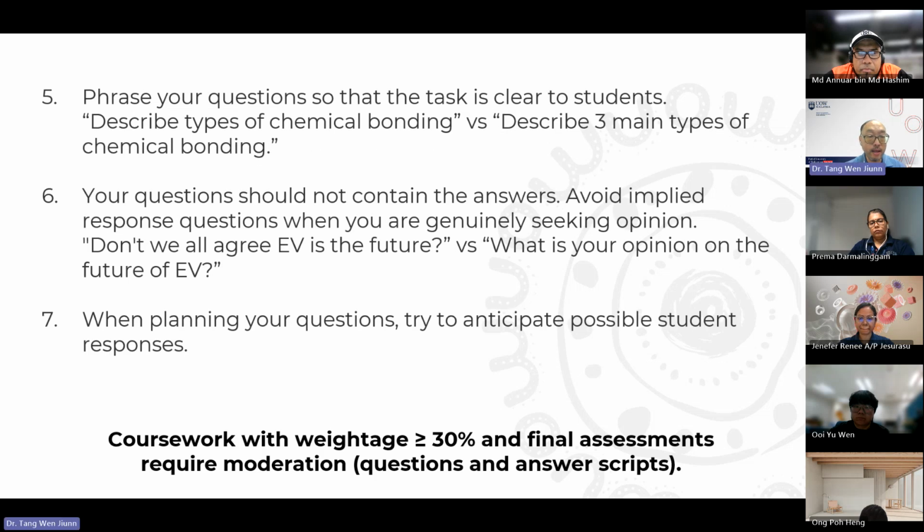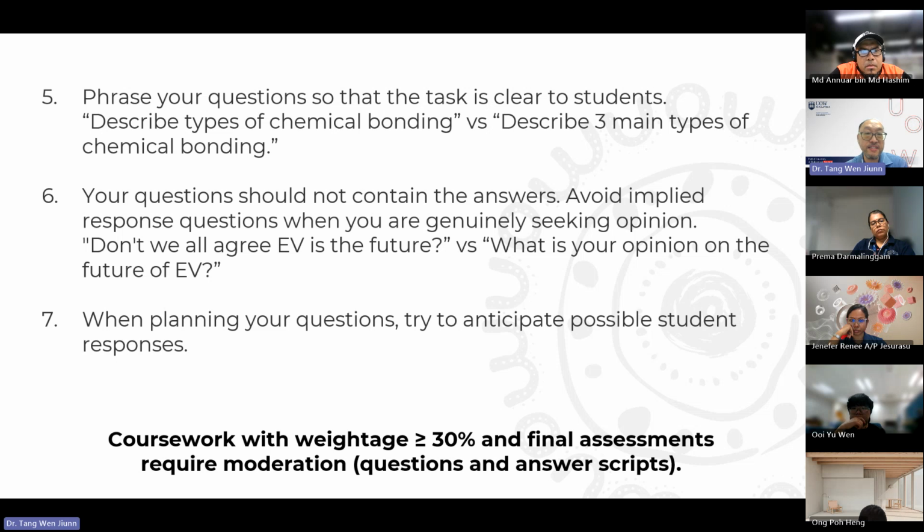Okay, so 5, this one here. Another thing, when we create the questions on our own, make sure we phrase the questions so that the task is clear. For example, you look at these two statements here. The first one, describe types of chemical bonding, versus statement number 2, describe 3 main types of chemical bonding.